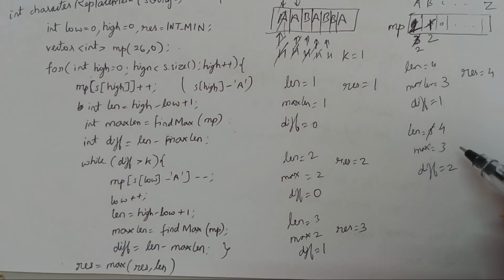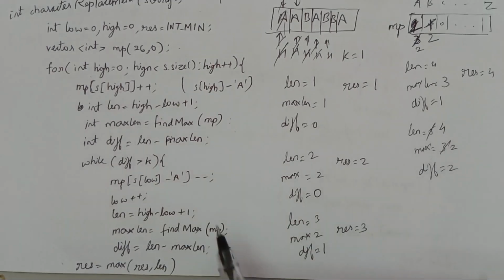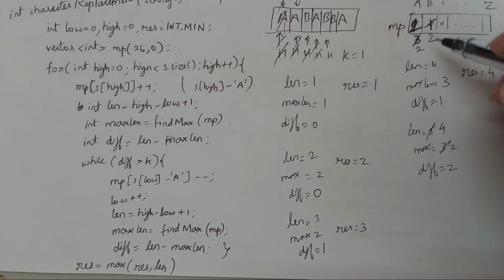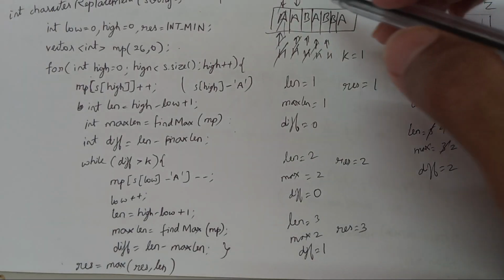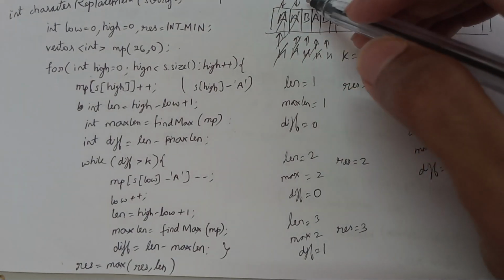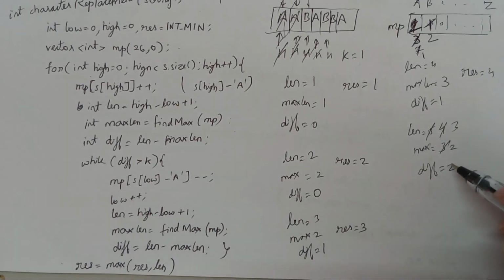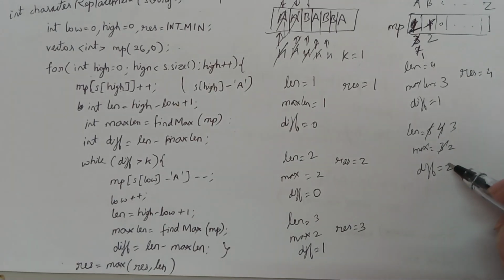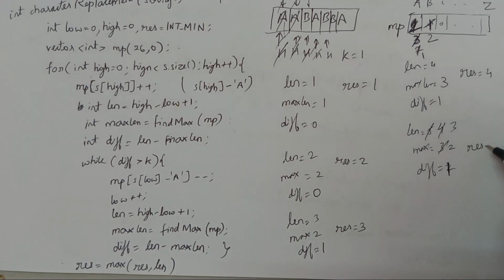Length is 4, max length is 2, difference is again 2. Again 2 is greater than 1, so again we update the hash map. So this is A, so we again reduce A to 1, and we move the low pointer, and we again update the length. Length is 3, max is 2, 3 minus 2 is 1, so result will be again 4.